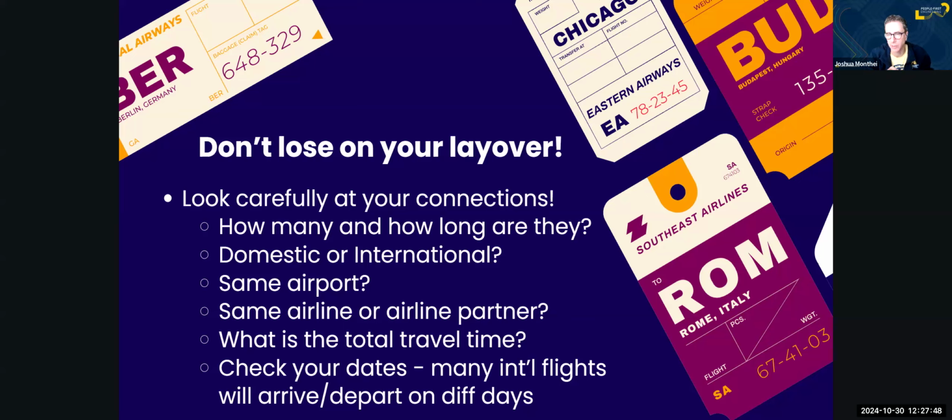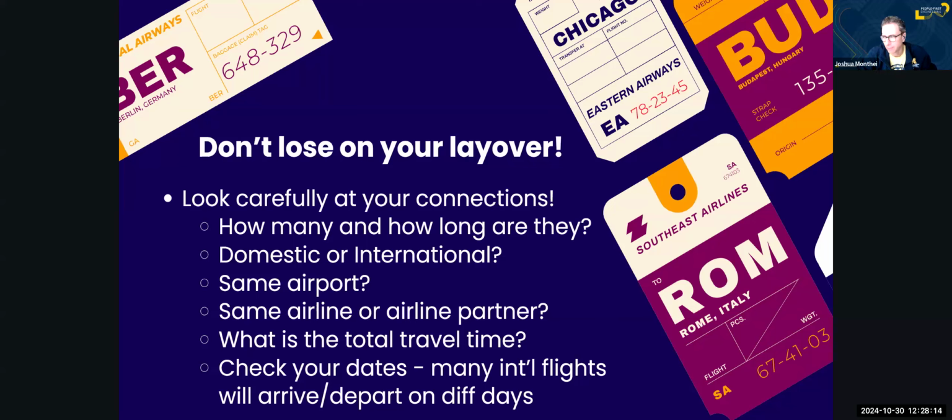Because of that, you can get away with a bit shorter layover. Sometimes airlines will allow you to book tickets that only have about an hour layover between flights. If it's a domestic stop, typically that's something you could get away with. Of course, your inbound flight could be delayed and you would have an issue, but usually an hour would be sufficient for a domestic itinerary.